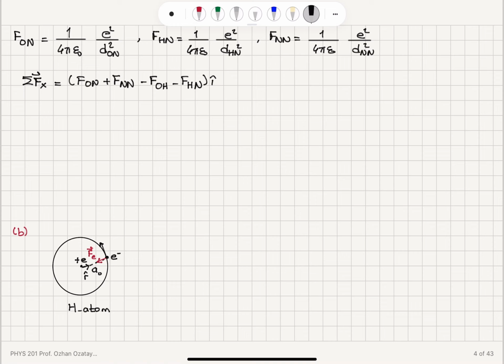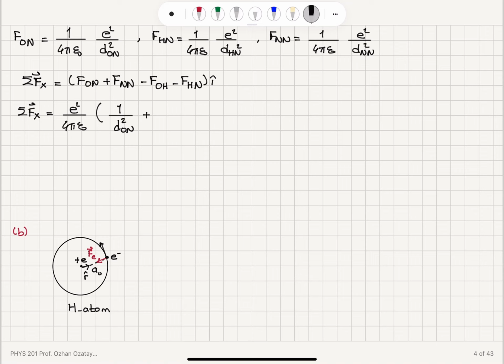Okay, so this gives me net force is equal to e squared over 4 pi epsilon 0, times, now I have to consider the distance between oxygen minus and nitrogen minus, 1 over D_ON squared.